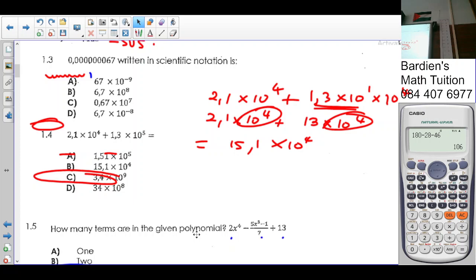I said both is correct. Yeah, because if you look here, that must be 1.51 times 10 to the 5, which is 151,000. So 15.1 times 10 to the 4. Yes. Nice, well done. Go to Mr. Dixon. One more. Okay.